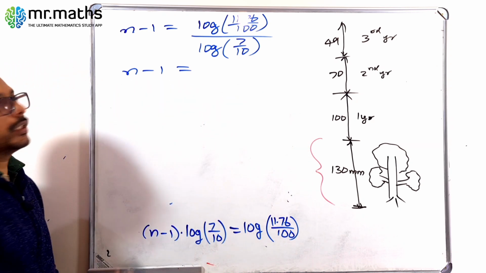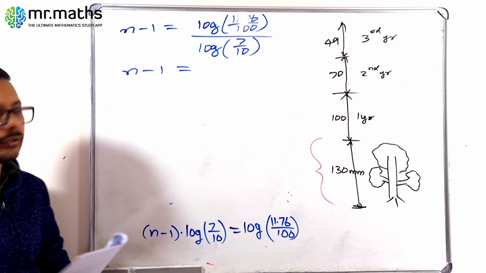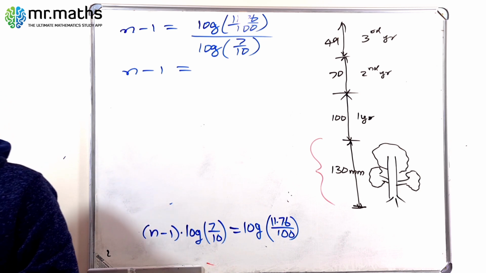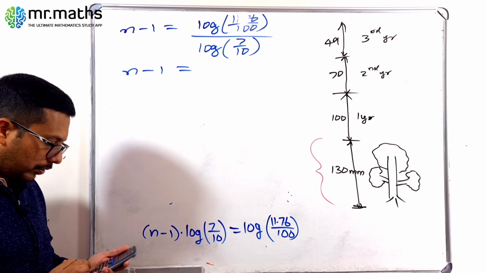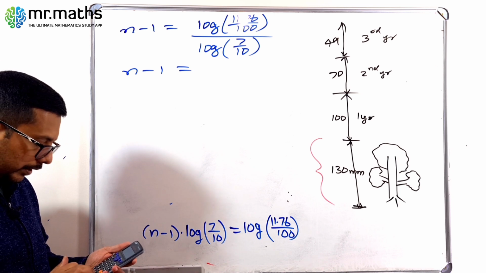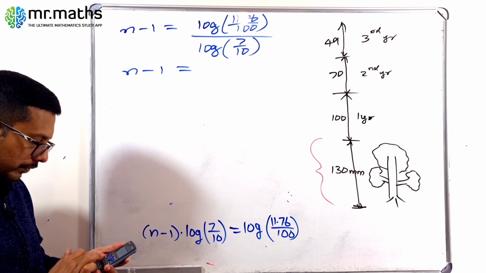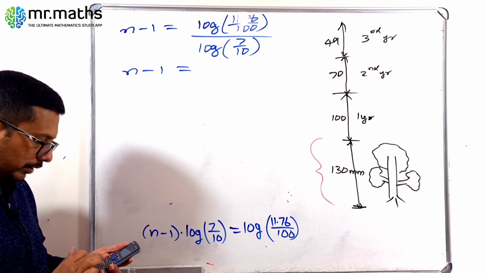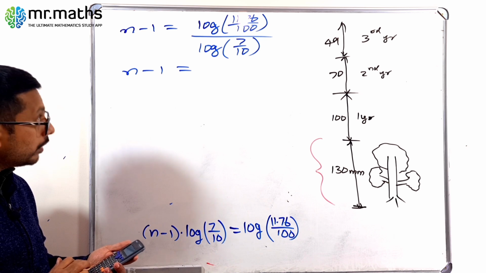n minus 1 is equal to, check in your calculator what the answer is. Let me try in my calculator. So it is log of 11.76 divided by 100, close that one, again log of 7 divided by 10.